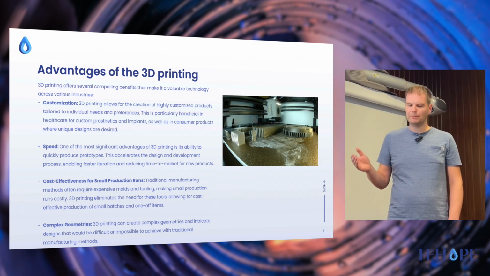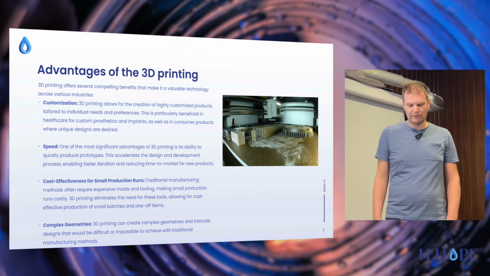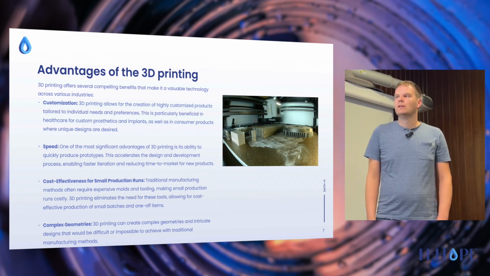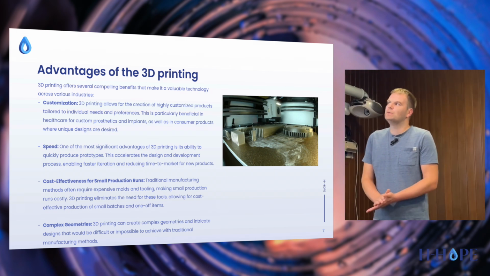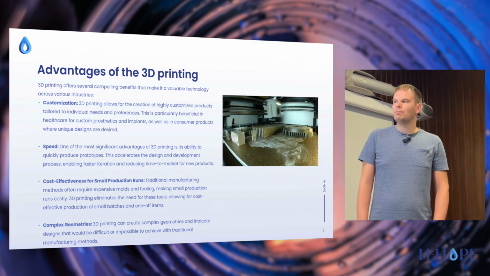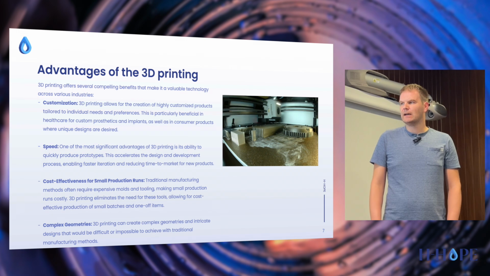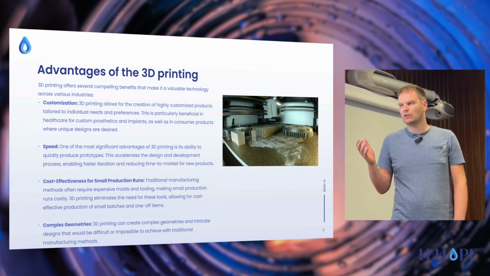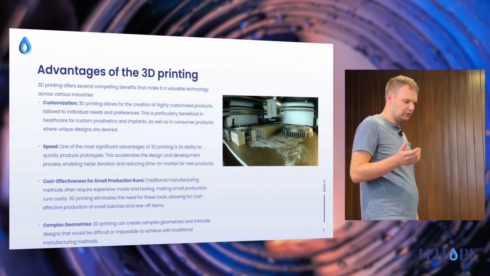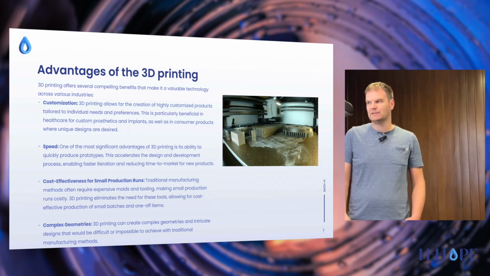You can use a 3D printer to build finished products if the production runs are small. As we already said, with the 3D printer you can print very complex geometries, and those kinds of geometries or objects would be unable or very hard to build using traditional methods.